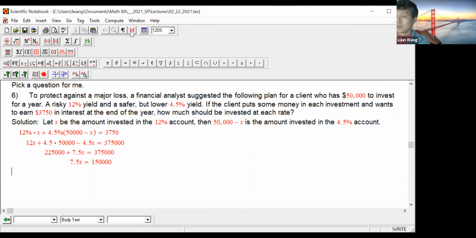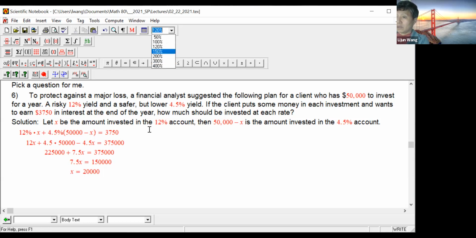And your x should be equal to 150,000 divided by 7.5. So that should give us a value right there. You can skip that if you want. And we're almost done.